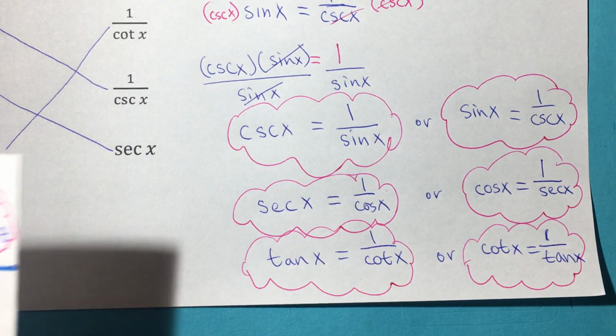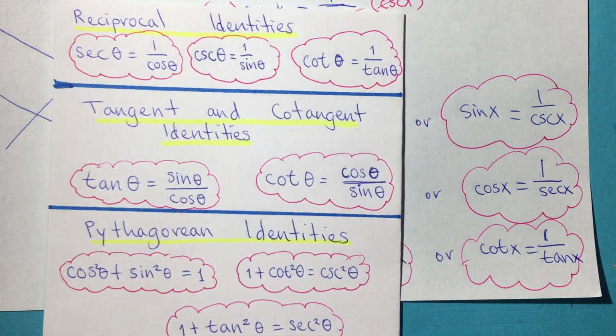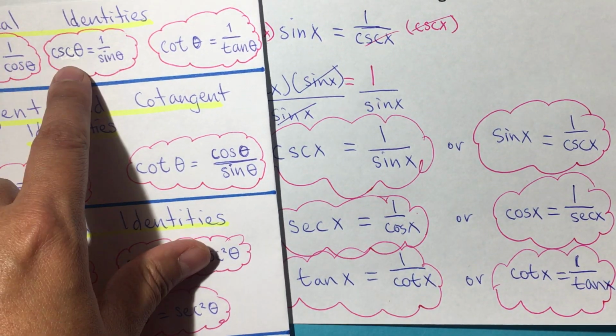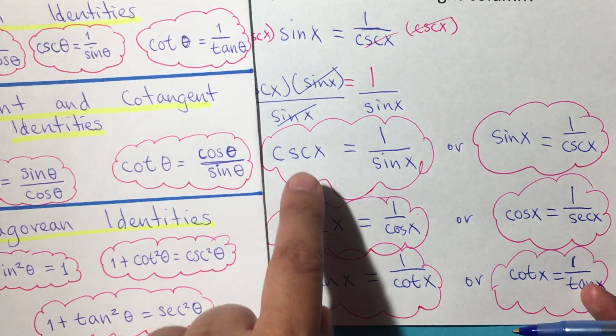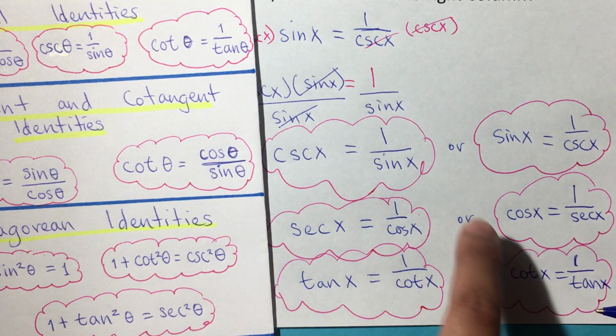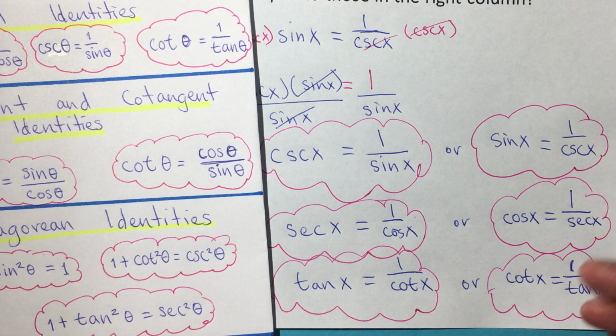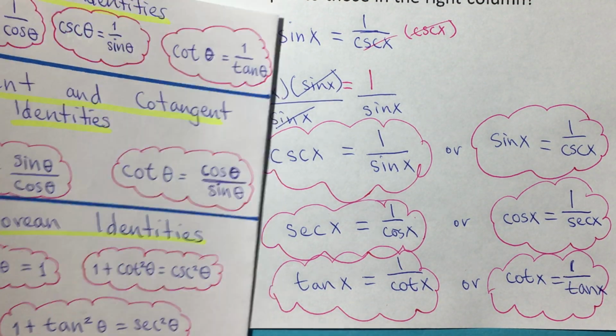And in here, my cheat sheet, as I call it, I only have secant, cosecant, and cotangent, so I have these 3. But again, you can arrive at the other ones by canceling or just knowing that that's also true.